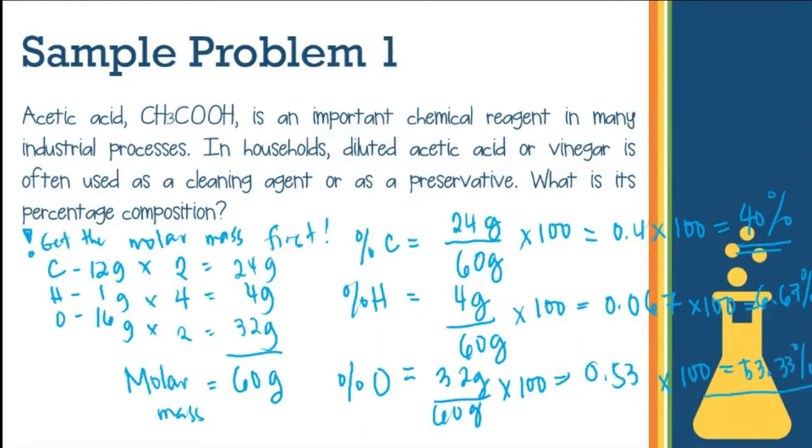Okay. Dapat, kapag idinagdag natin itong mga percentage na to, that should be equal or almost equal to 100%. So, try natin. 40 plus 6.67 plus 53.33, that is 100. So, ibig sabihin nun, tama yung computations natin. That is how you get the percentage composition of the elements in a compound.